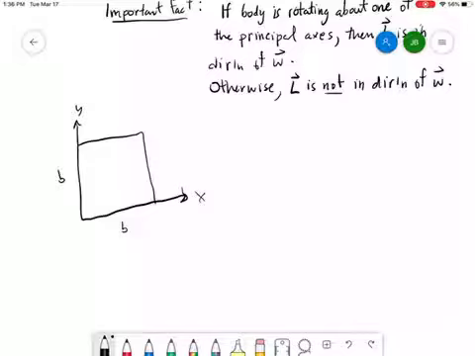So we took a rotation axis that was along this diagonal here, and so we spin our slab around that rotation axis. And we found in that case that the angular momentum was in the direction of the omega vector. And so omega is going to be in that direction.